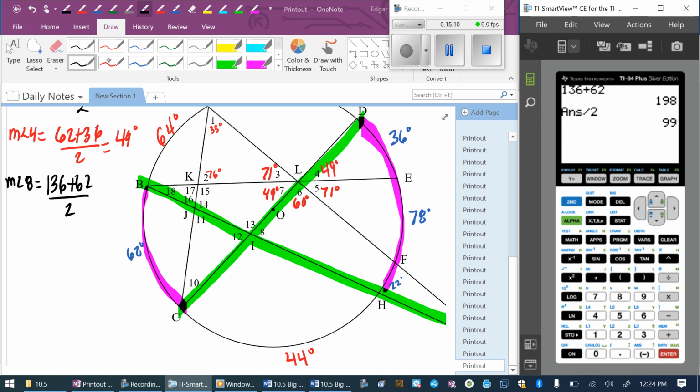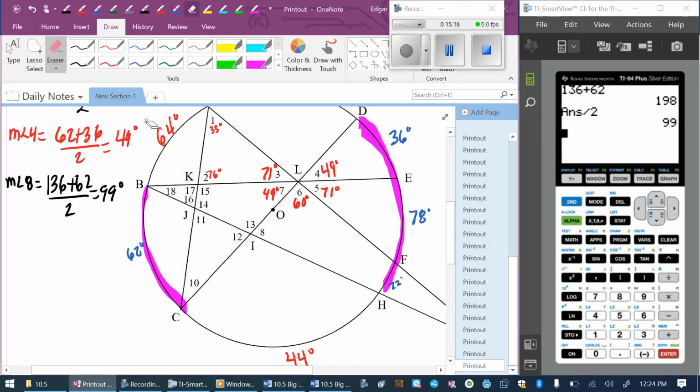That looks better. Okay. I knew something was a little off here. Okay, 99. Okay, awesome. So, here we go. We have that this measures 99 degrees, and we're good to go with number 9.